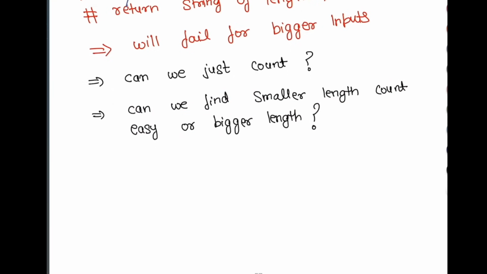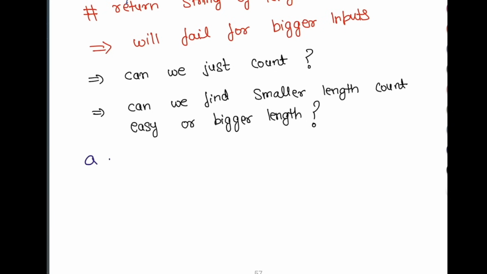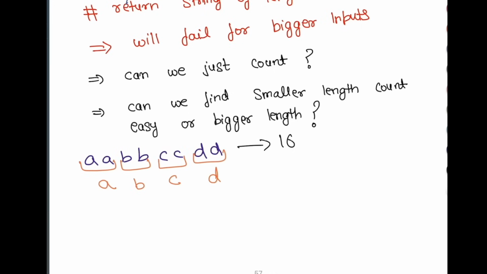What I mean to say is, see, the thing is, if your string is this A, B, B, C, C, D, D, right? And you have a total possibilities of 16. Now you need to know that you will have to select at least one A, at least one B, at least one C, and at least one D, right? And why so? Because you cannot skip any character.